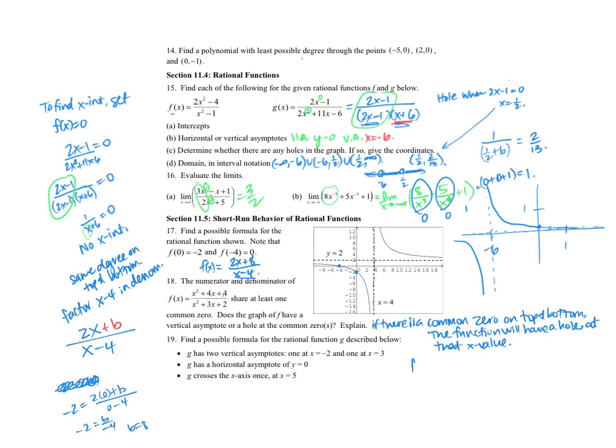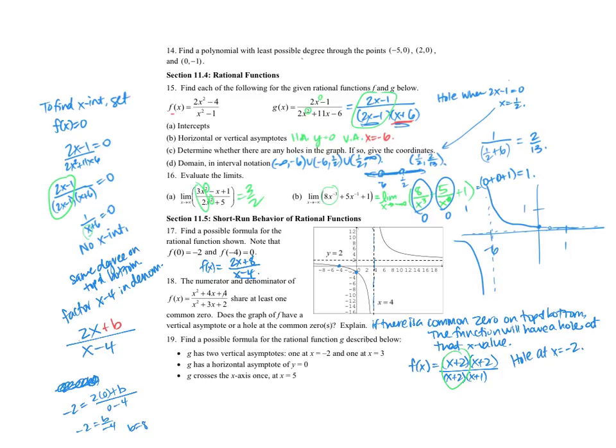So if we have f of x equals, on top it's going to be x plus 2, x plus 2. And on bottom we have x plus 2, x plus 1. So I can see that the common factor is this x plus 2 over x plus 2. And so we're going to have a hole at x equals -2 for that function.